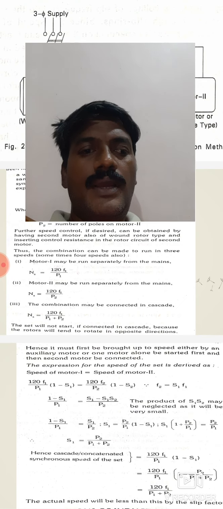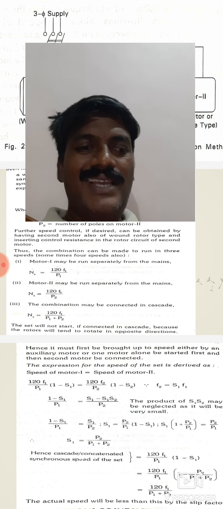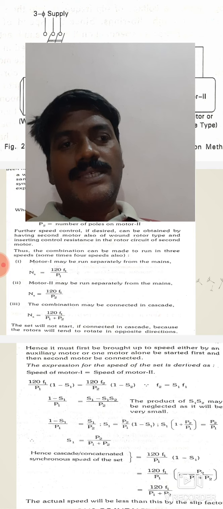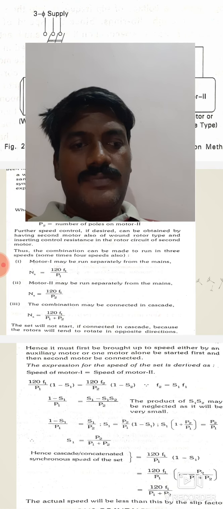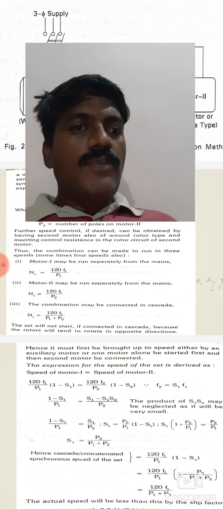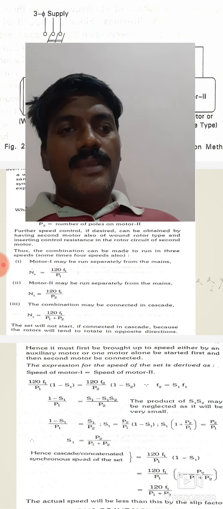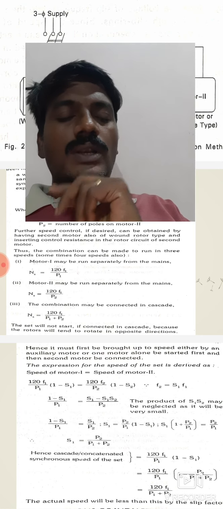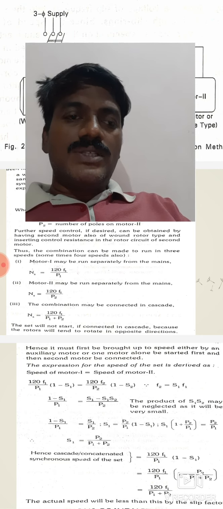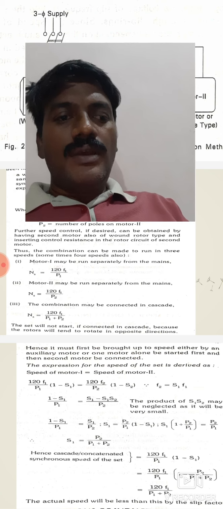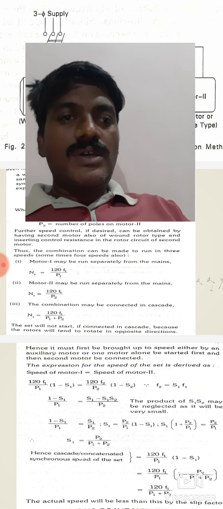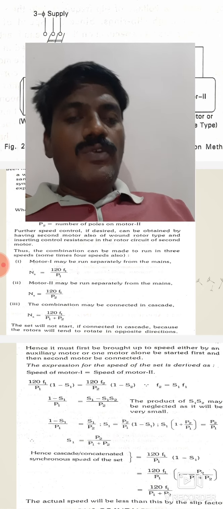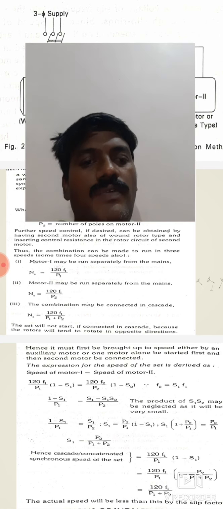And here, by substituting F2 equal to S1 into F1, very clear? The second motor frequency is given by the EMF in the first motor's rotor circuit. The EMF in the rotor circuit has a frequency of S1 times the supply frequency F1, where F1 is the supply frequency and F2 is the second motor frequency.